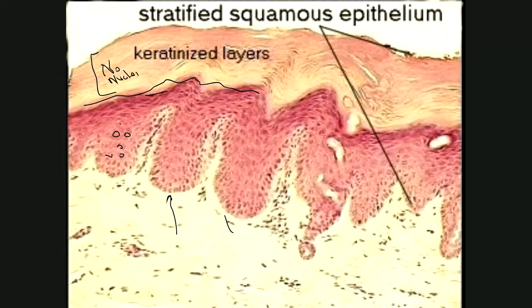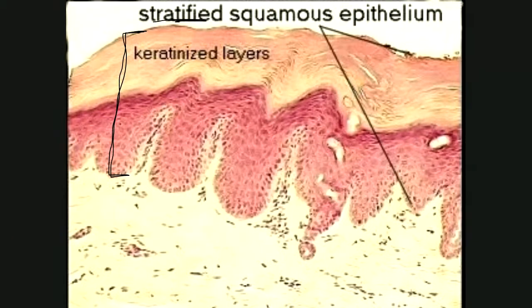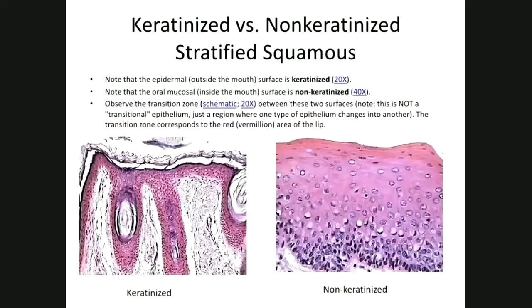These rows are dead, and they are also going to slough off. But this tissue, which runs from here down to here, is stratified squamous, keratinized. Here's another picture of it. If you look here, you can see no nuclei.